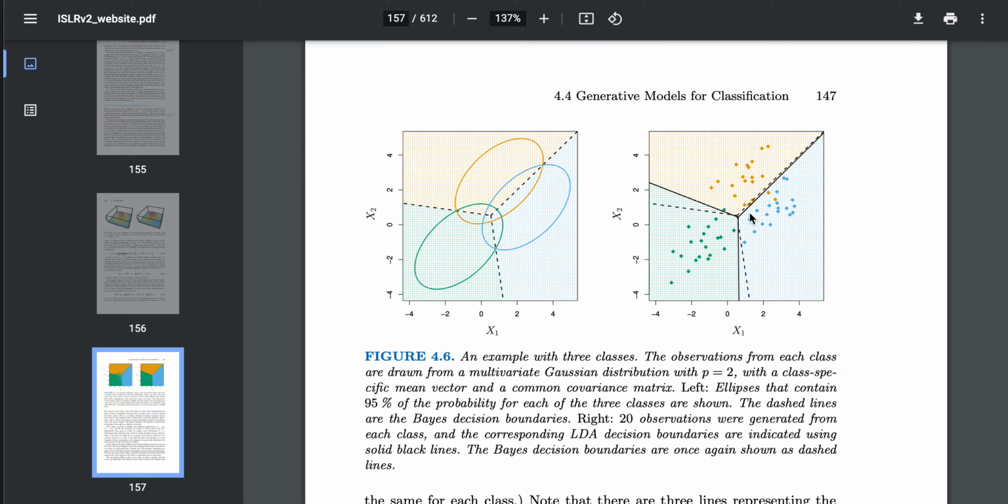So the decision boundaries will be slightly different. The solid ones refer to the LDA, which estimates things from the data, and the dashed ones are the Bayes decision boundaries.